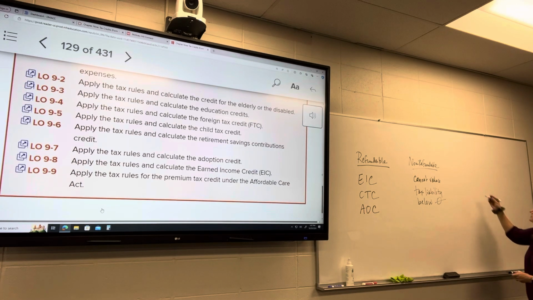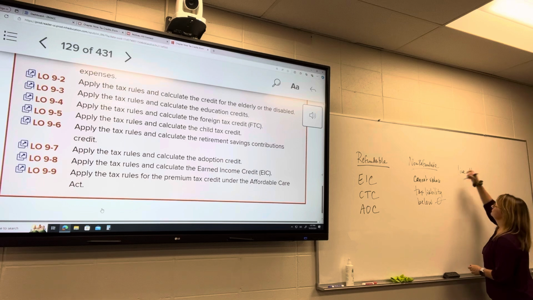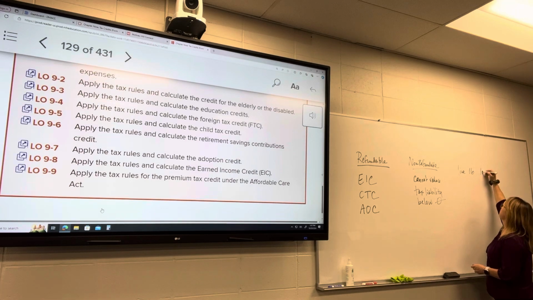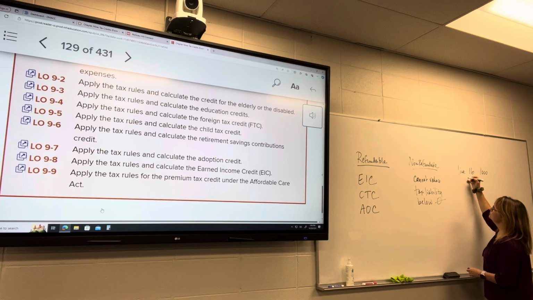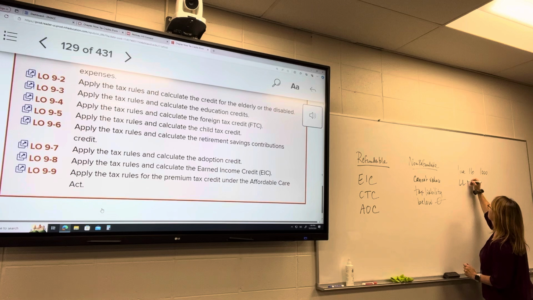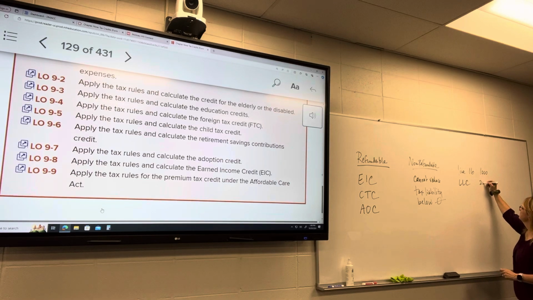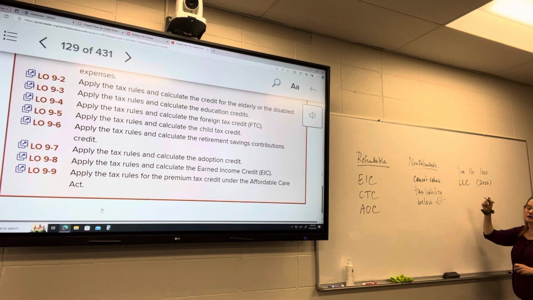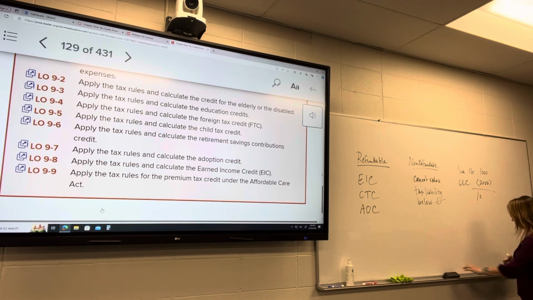So if line 16 for a non-refundable tax credit is $1,000, and you have a non-refundable credit, let's just say a lifetime learning credit of $2,000 because you paid $10,000 of educational expenses, and that's the credit that you qualified for, it only brings you to zero. You're going to lose $1,000 of that credit. You don't get credit for that credit in that case. So it's not as valuable.